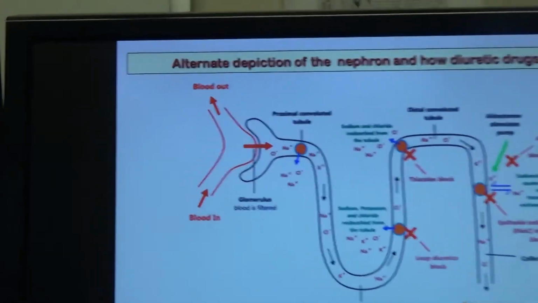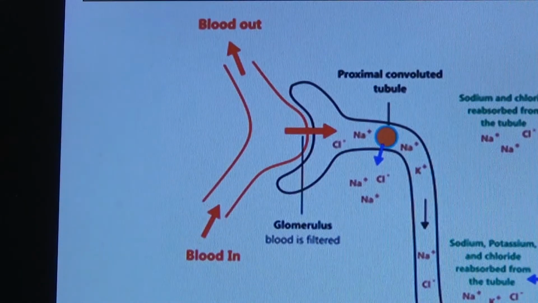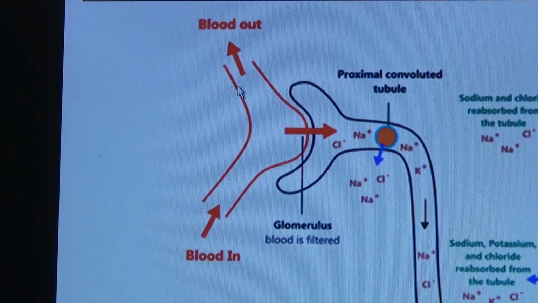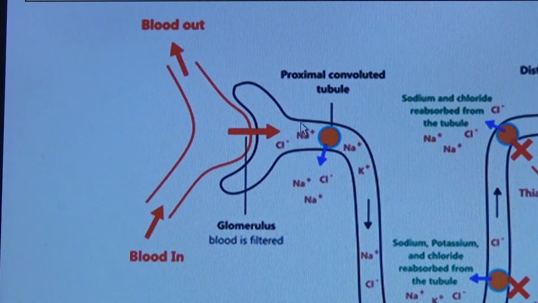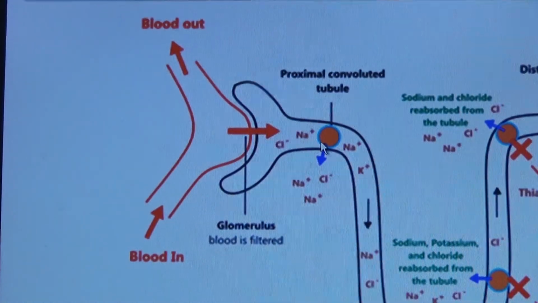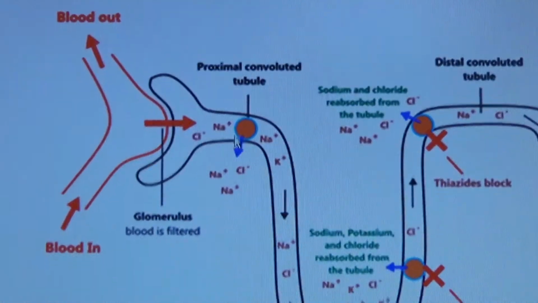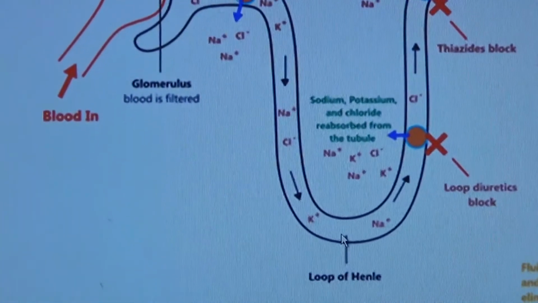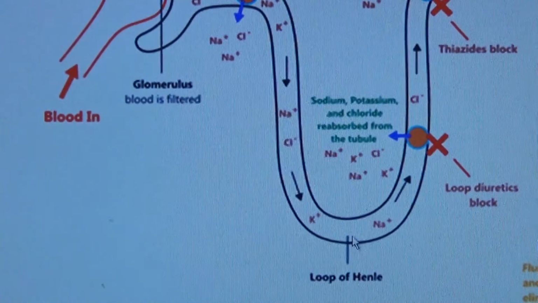So this shows the glomerulus, blood gets basically filtered in, and then you have this mixture of fluid with different ions, and then there's a series of tubules which cause reabsorption of materials, amino acids and ions and things like that.